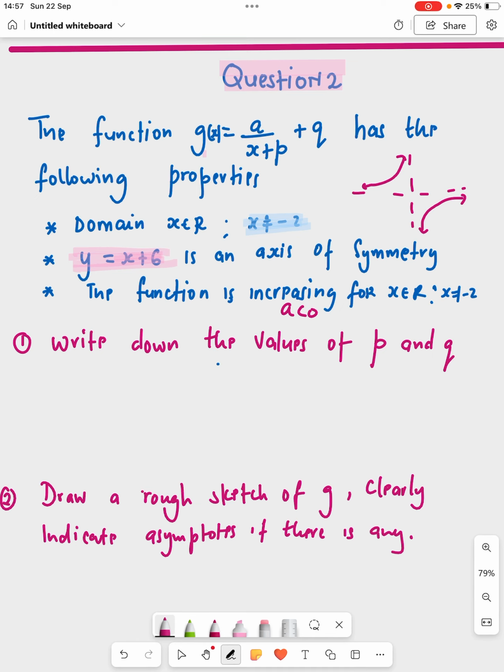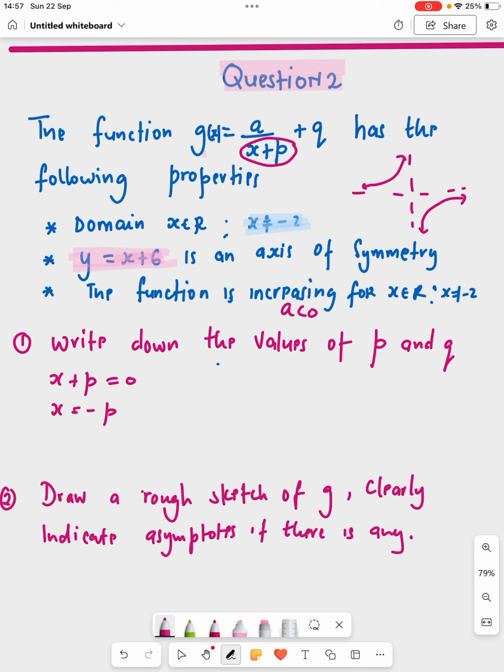Now, determine the values of p and q. So let me start with p. So to find the value of p, we need to solve this first. So we know that x plus p is equal to 0. So x is equal to minus p.